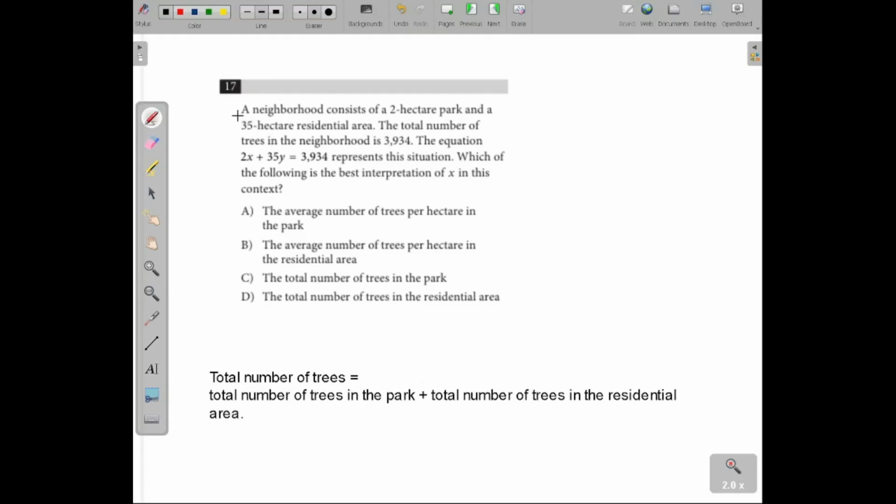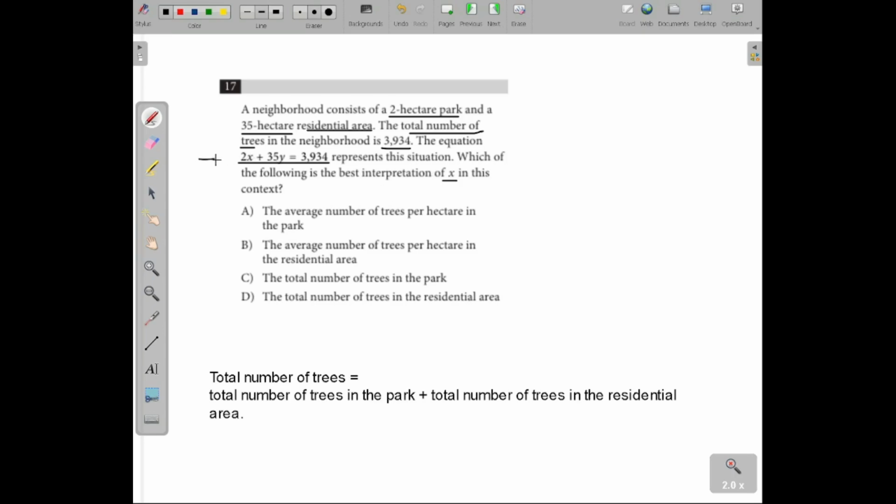Number 17. A neighborhood consists of a 2-hectare park and a 35-hectare residential area. The total number of trees in the neighborhood is 3,934. The equation 2x plus 35y equals 3,934 represents this situation. Which of the following is the best interpretation of x in this context?